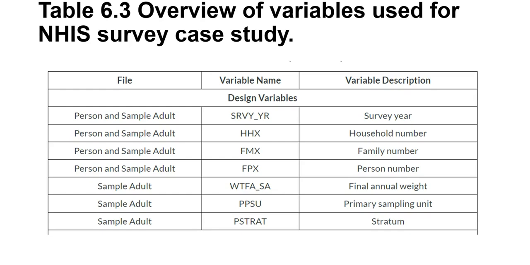And here you can see table 6.3 includes an overview of the variables that I want to use for the case study. So when I merge the different variables together, I want to make sure that these variables are still within the data file. So first we have the design variables. These are the survey year, the household number, family number, person number, the weights we want, the primary sampling unit, and stratum.